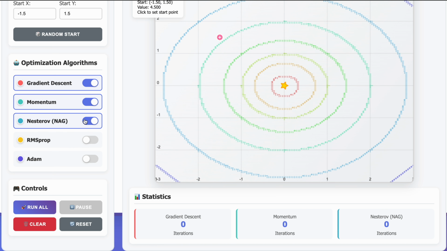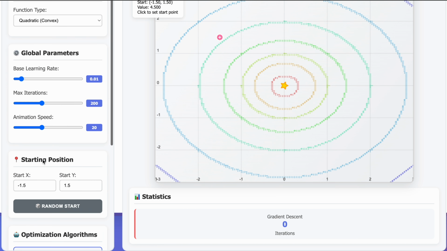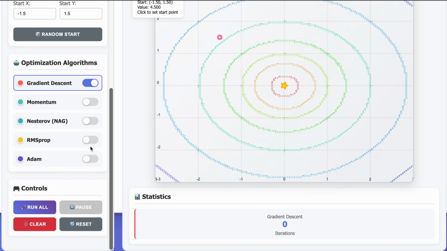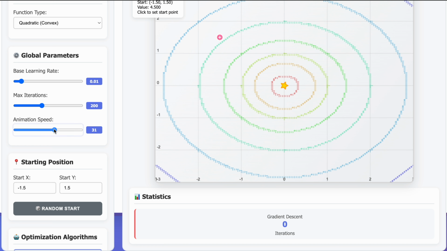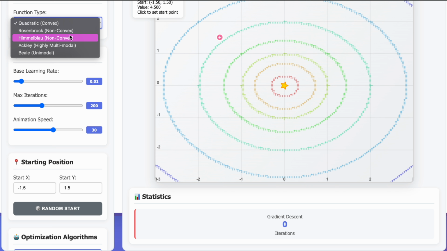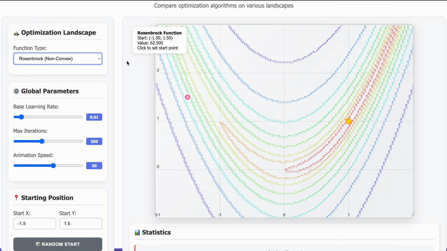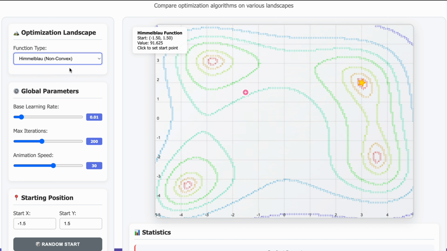First I will start with gradient descent, and we put in the basic learning rate, max iterations, and animation speed. If I increase the animation speed, you can also look at the different function types given. We have quadratic, Rosenbrock, and non-convex Himmelblau.